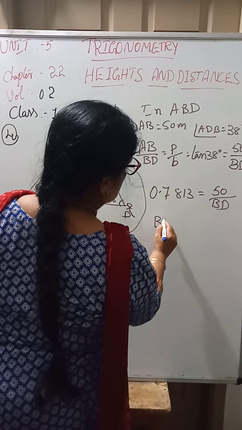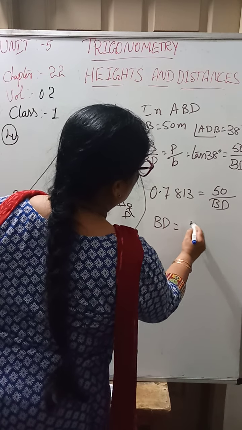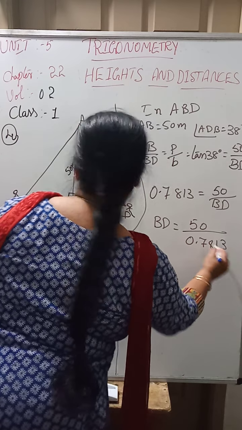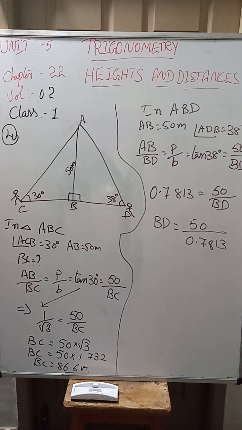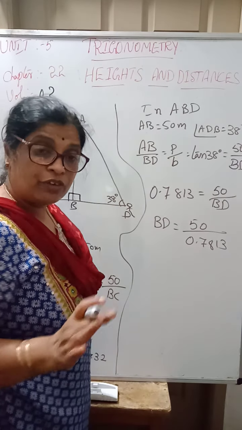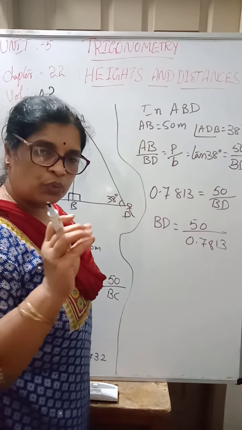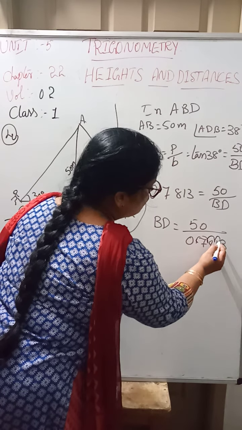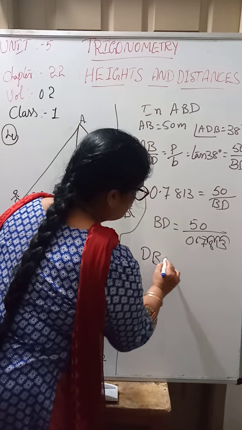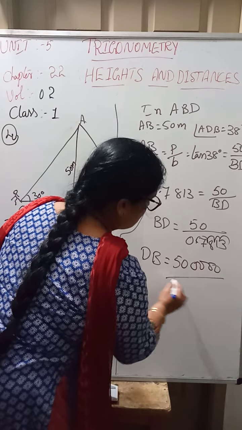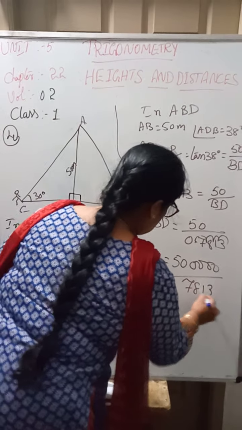Children, cross multiply. BD is equal to 50 divided by 0.7813. Children, I will give you a clue. The division I have done, but I want you to do it by yourself. Now look here: 1, 2, 3, 4. So BD is equal to 50 with 4 zeros taken, divided by 7813.